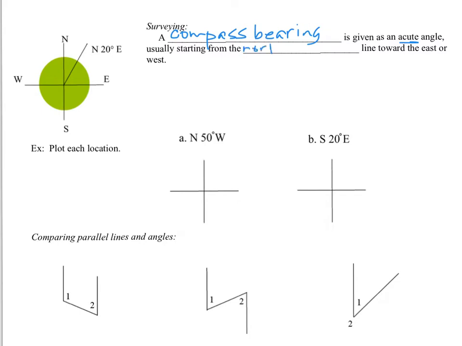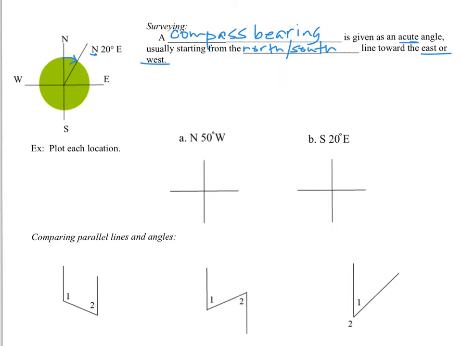Typically we start with the north line, but a compass bearing can be north or south. And then it will rotate towards the east or west by an acute angle measure. The example that's given is north 20 east. That means we're starting in the north direction, but rotating 20 degrees towards the east direction. We have to be particular to those directions as we create our new compass bearing.